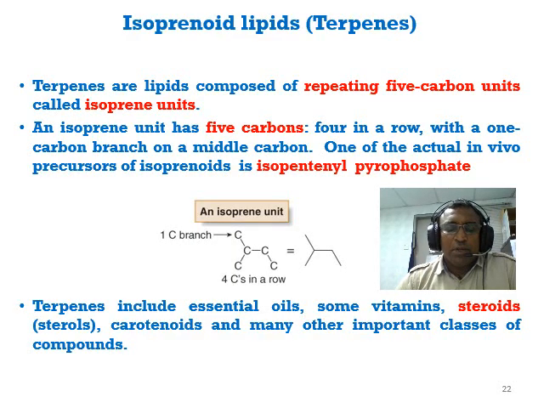These 5 carbon can be put together and build the other terpenes such as essential oil, vitamin, as well as these steroids or sterols, which will be the interest where we will learn about cholesterol as well as steroidal hormone. You also can build carotenoid. Carotenoids are found in carrot, the pigment found in carrot.